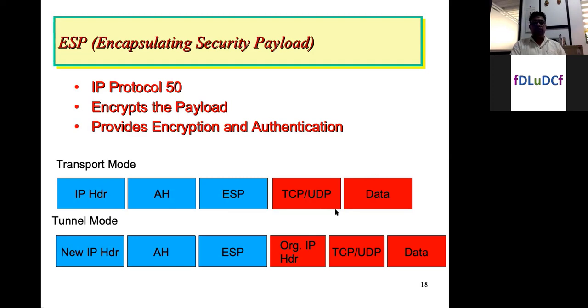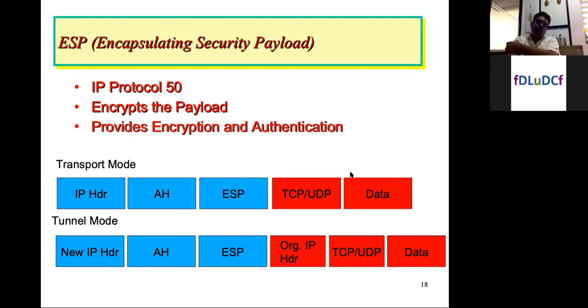As you may know, there are two modes available, transport mode and tunneling mode. If we add the ESP header in transport mode, it applies the security only to the data.